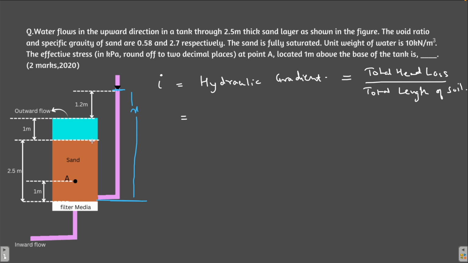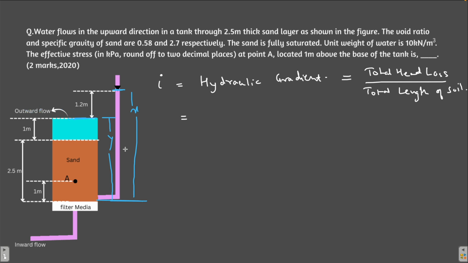Now the final height of water after coming out from the soil, suppose y. This is the final head of water, because after that it is overflowing.